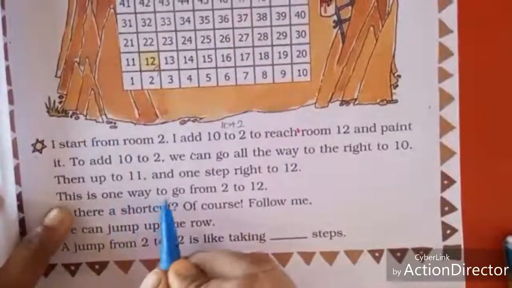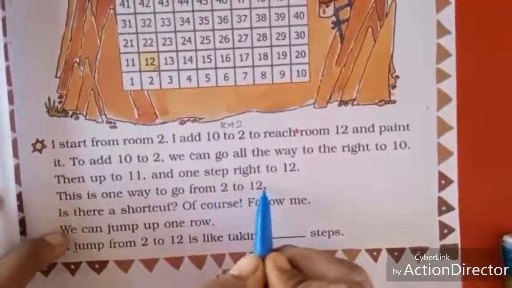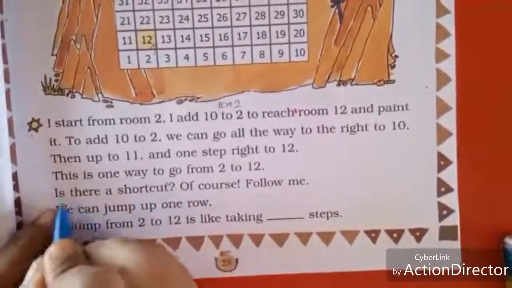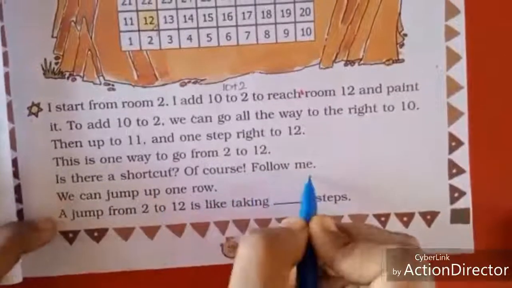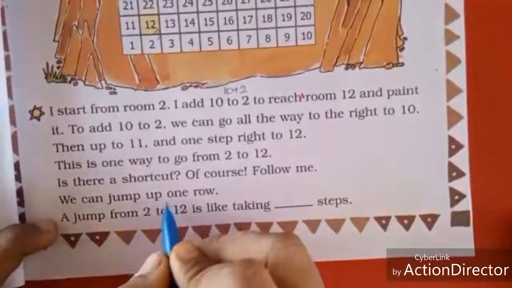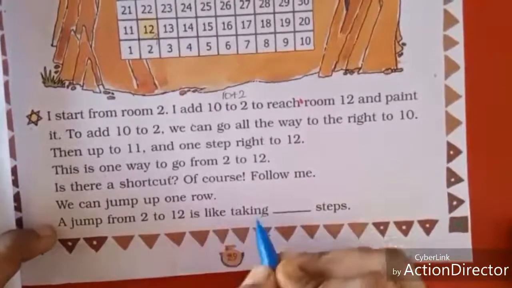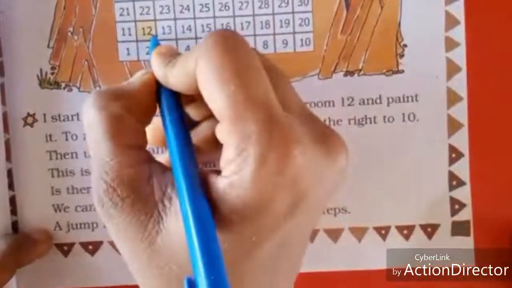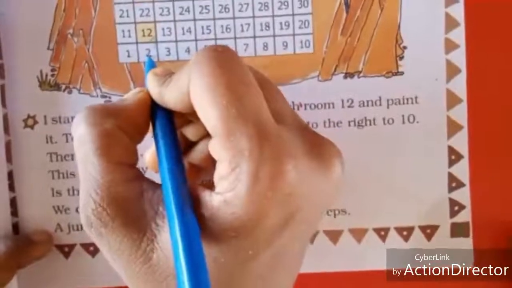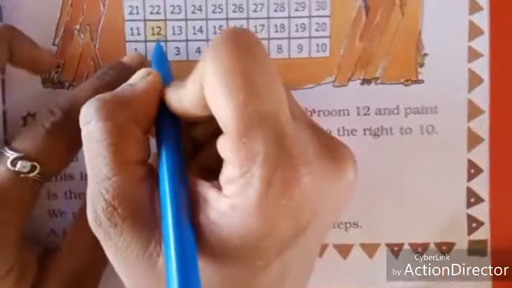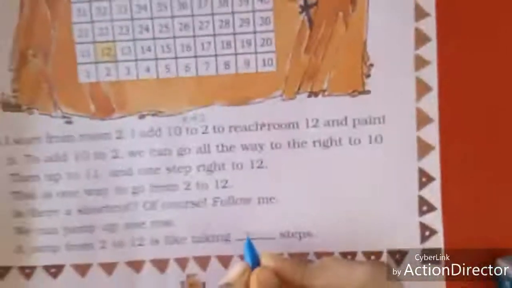This is one way to go from 2 to 12. Is there a shortcut? Of course. Follow me. We can jump up one row. A jump from 2 to 12 is like taking how many steps? Only one step. Next page.